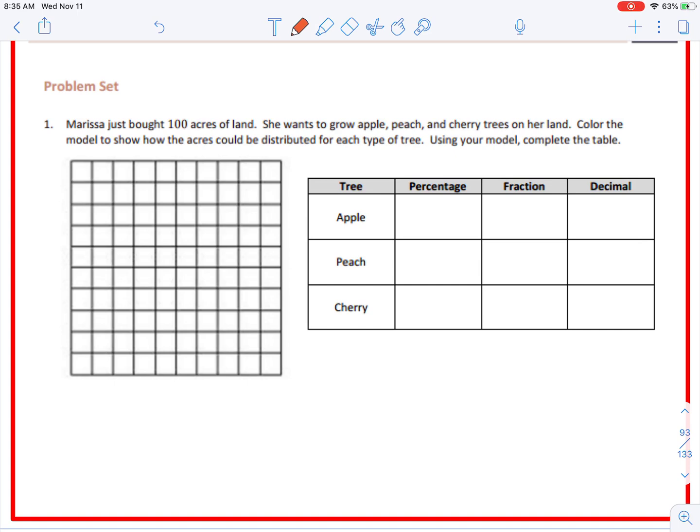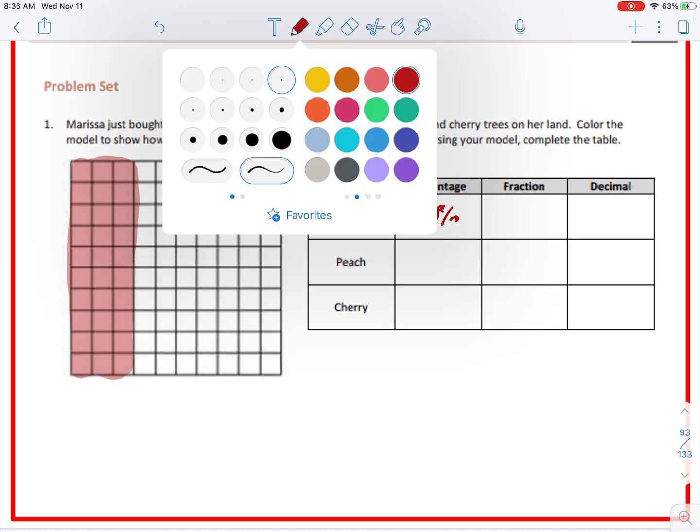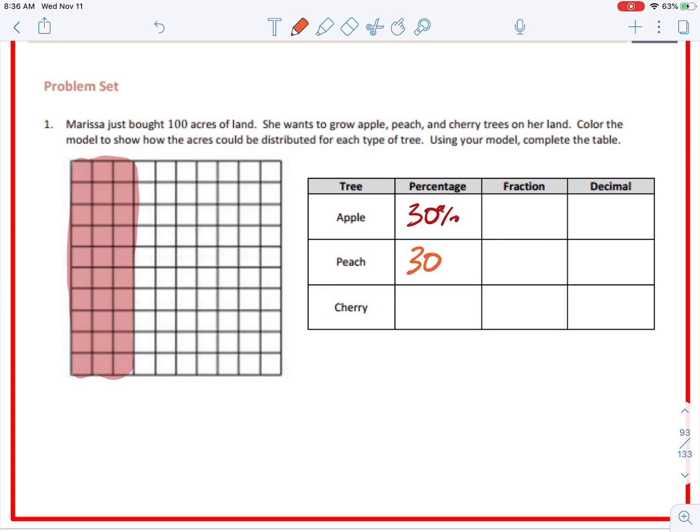For apple, I am going to do 30%. So I'm going to shade in red 30% of the 10 by 10 grid. This represents the farm, which is 100 acres, as apples. And then peaches, I'm also going to do 30%, and I'm going to do peaches in orange.